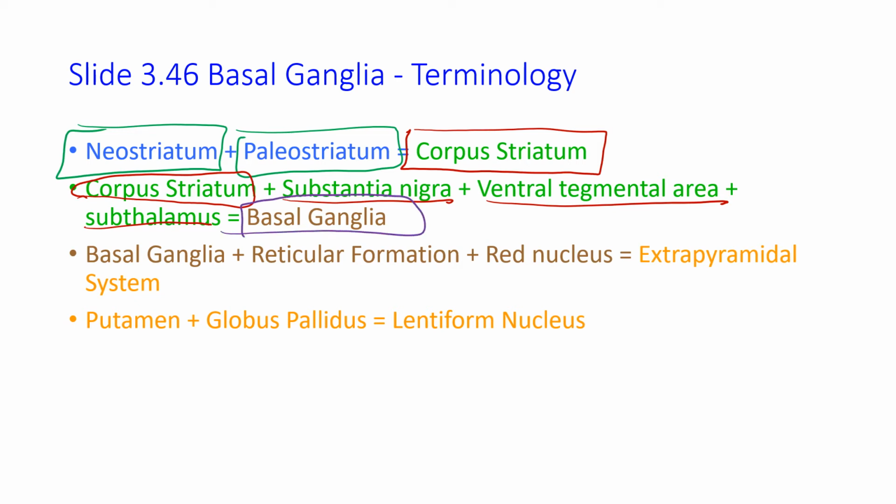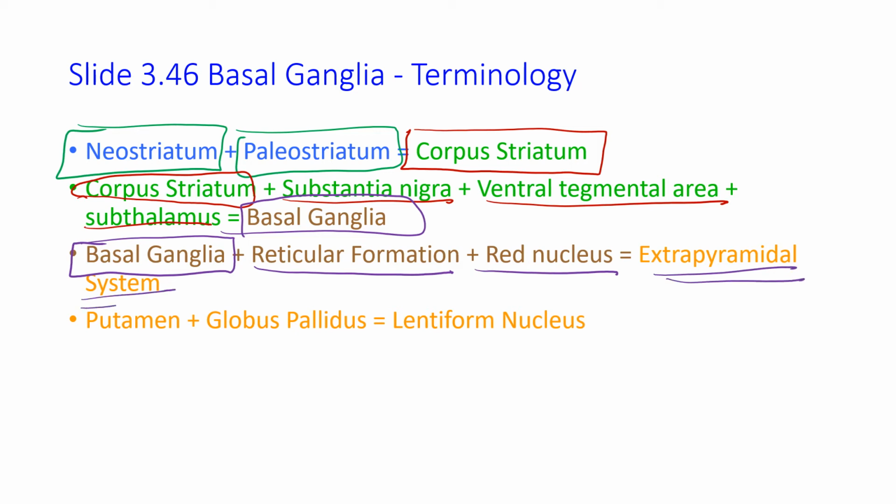So as you can see, the basal ganglia is not a single structure. It is a very, very large, involved area of the central nervous system. If we take this one step further, if we take all of the structures that we have just defined as part of the basal ganglia, and we add the reticular formation of the brainstem, if we add the red nucleus, we have now defined an area which is called the extrapyramidal system of motor control.